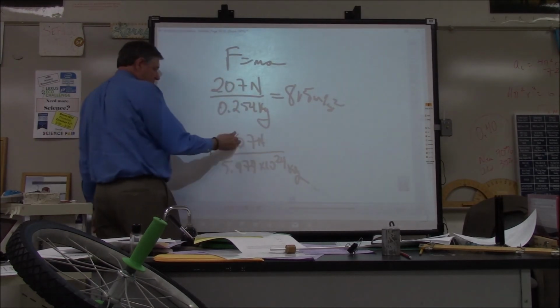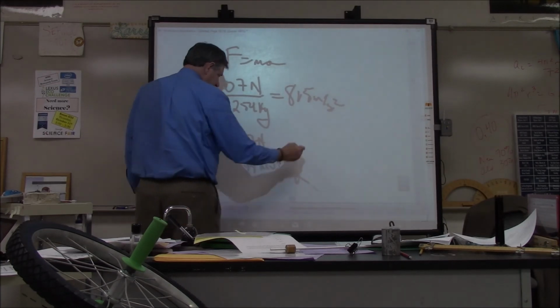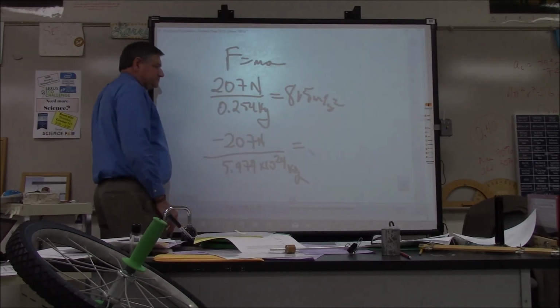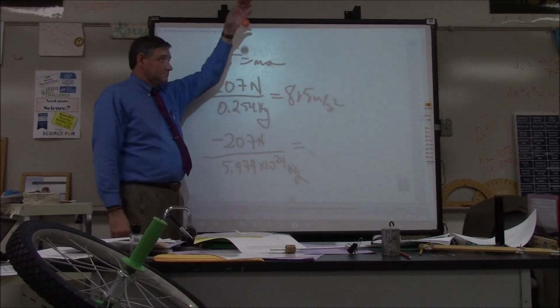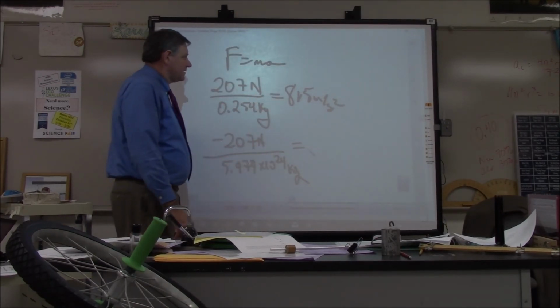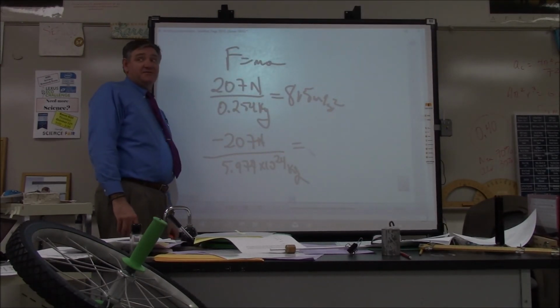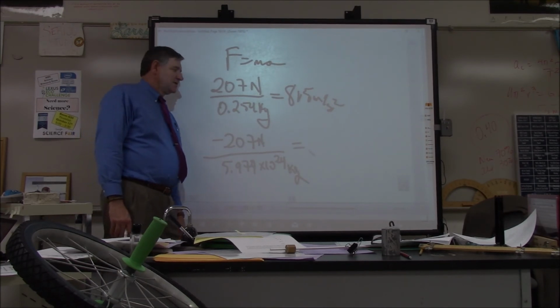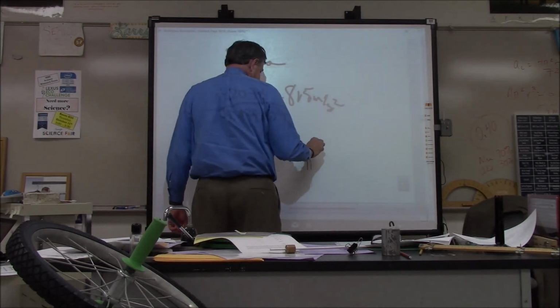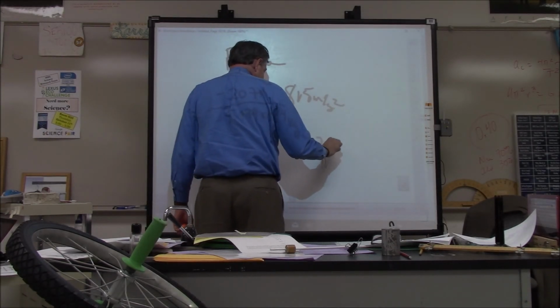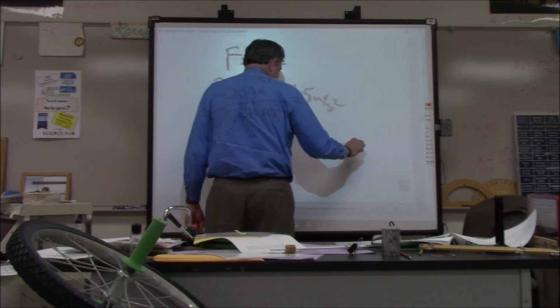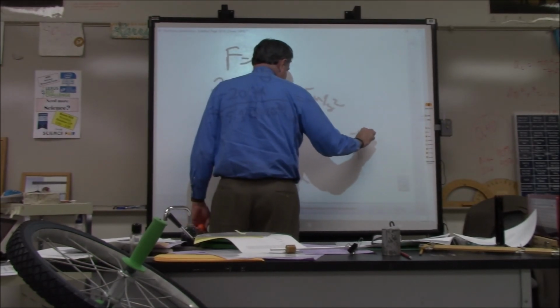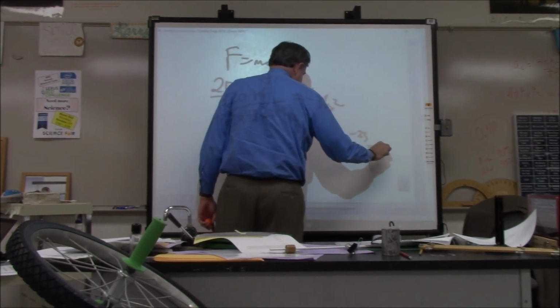So somebody take 207 and divide it by 5.979 times 10 to the 24th. Is it going to be negative 815? No. Well, thank God, no. It'd be pretty funny though. What'd you get? Negative 3.46 times 10 to the negative 23rd meters per second squared.